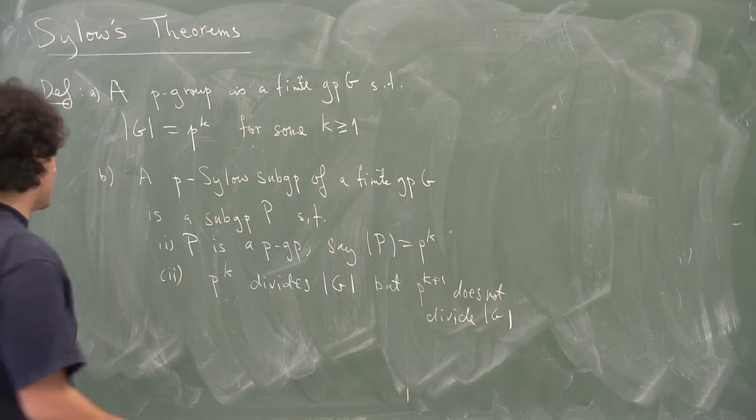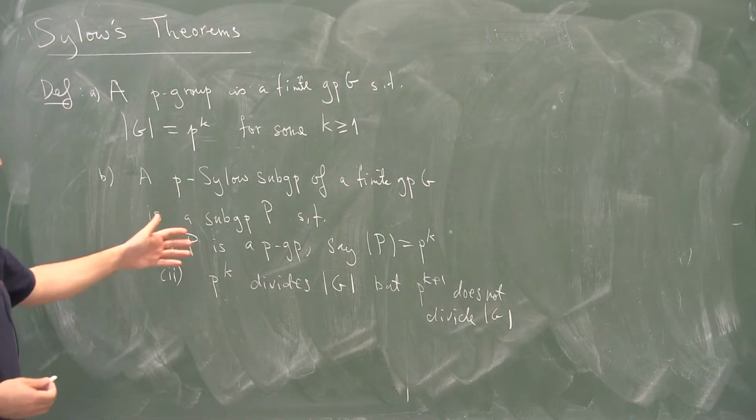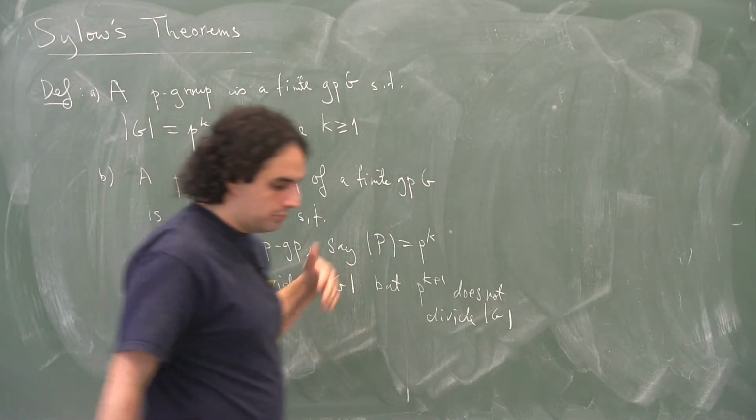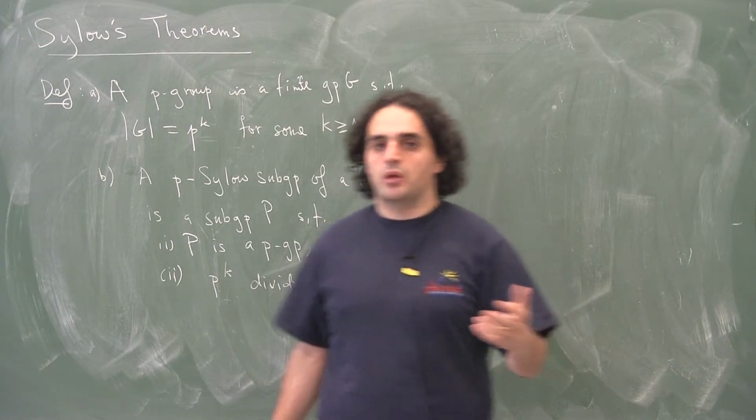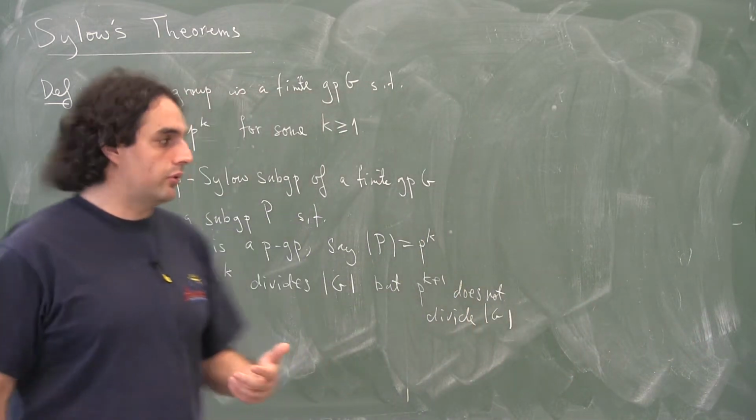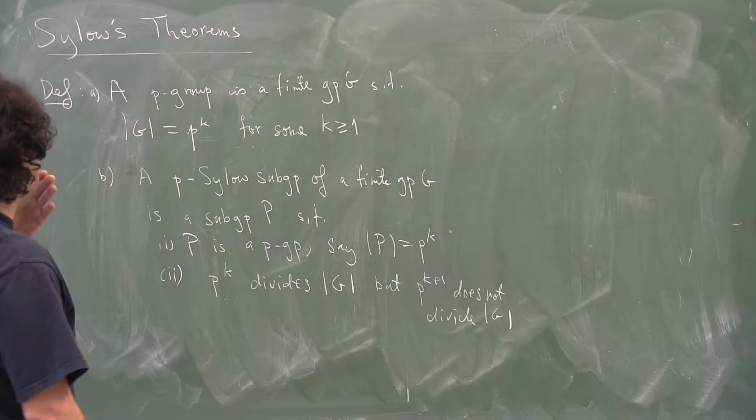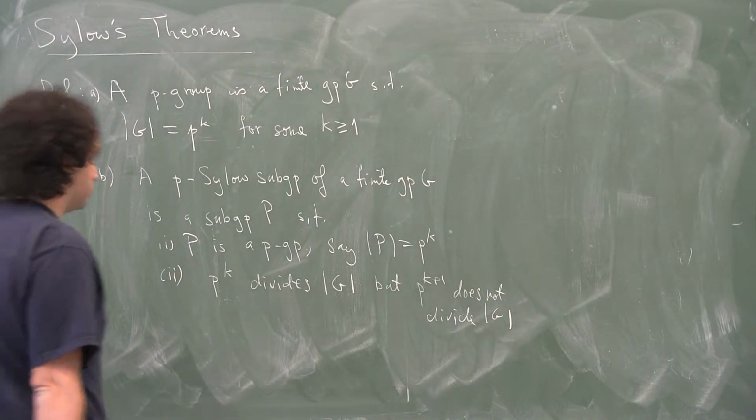So in other words, the order of G is going to be P to the K times some M, with M relatively prime to P.